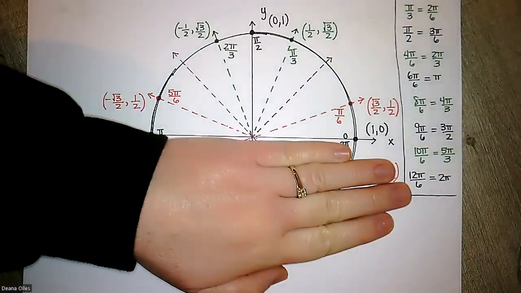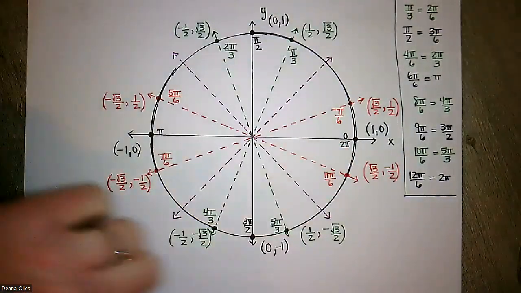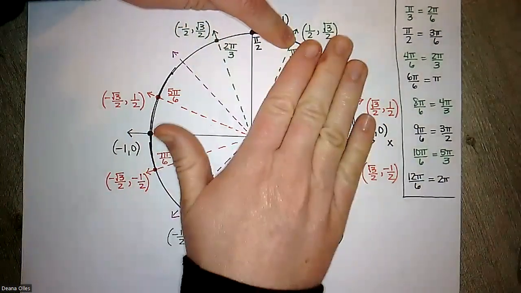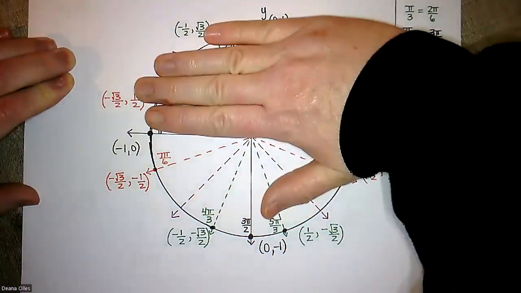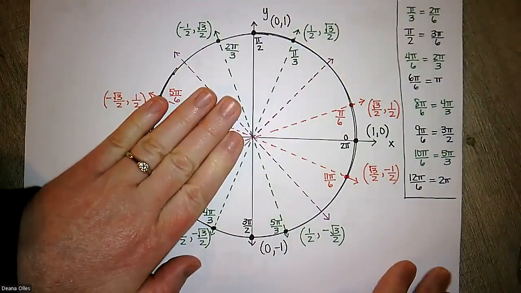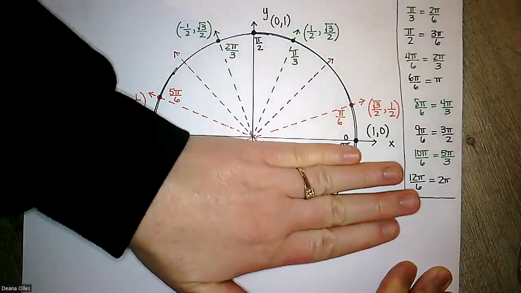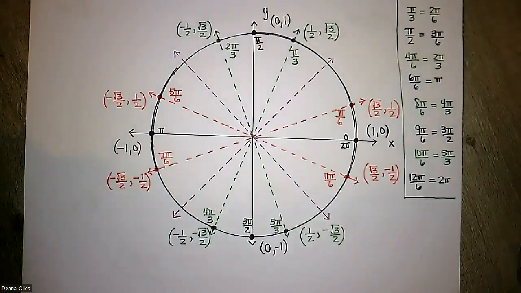So instead of 6 equal slices, we have 3. And then to make it all the way around the circle, you would have 1 pi over 3, 2 pi over 3, 3 pi over 3, 4 pi over 3, 5 pi over 3, and then lastly 6 pi over 3, and 6 pi over 3 reduces to 2 pi. Basically just counting yourself around the circle.